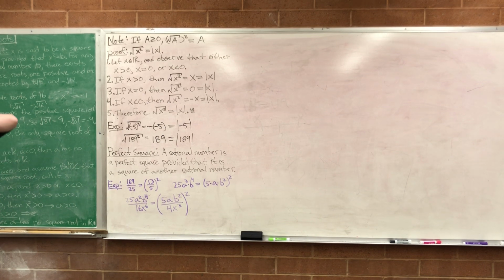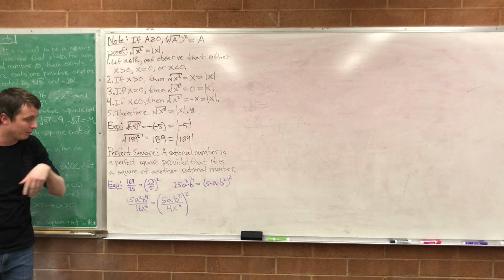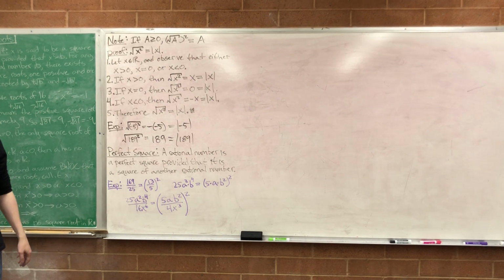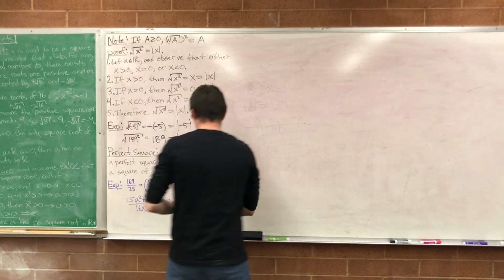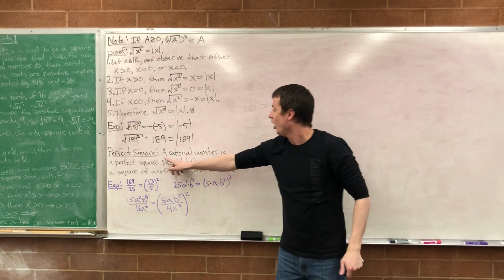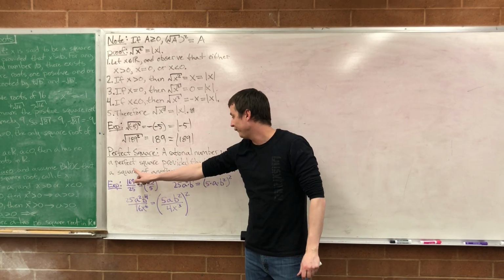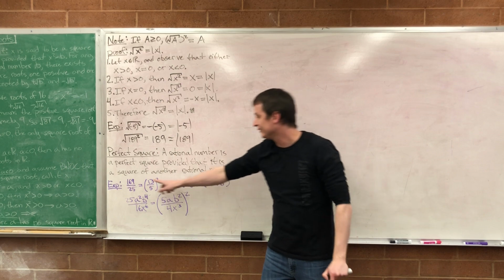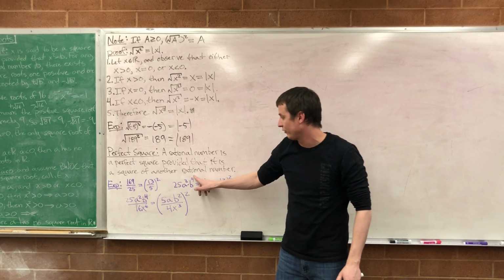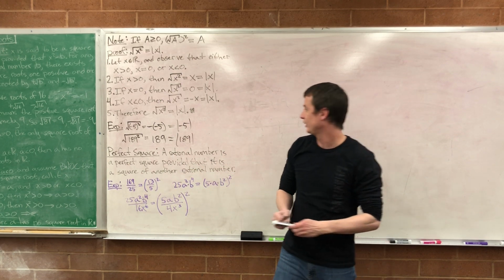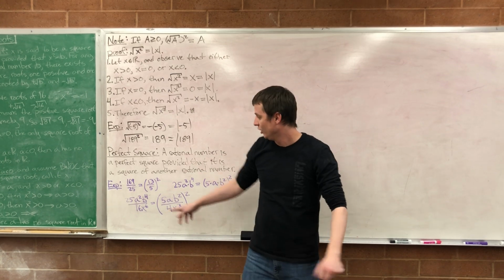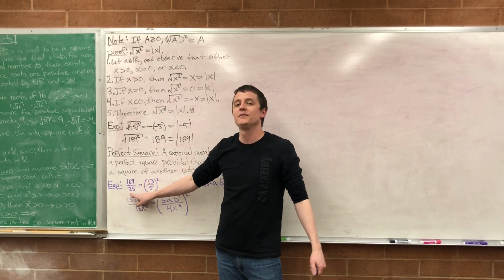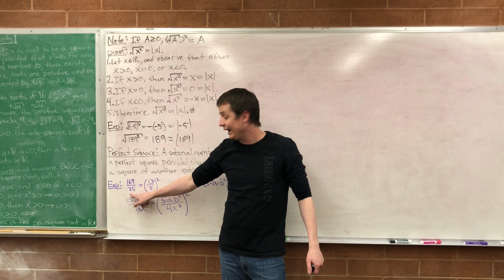Okay, so last thing we'll talk about is a perfect square. What's a perfect square? You already have some good intuition for what a perfect square is, but we'll read the definition. A rational number is a perfect square provided that it is a square of another rational number. Let's try an example. Oh, we have some right here. 169 over 25, that's a perfect square. Why?